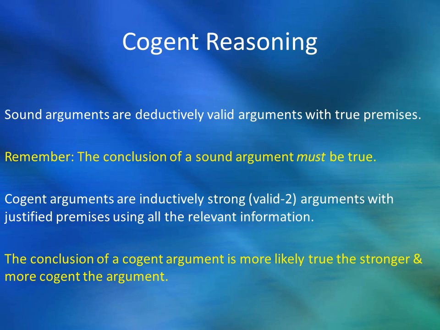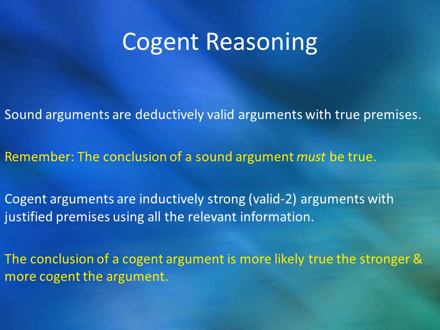So what does this mean? Well, if you recall with the sound argument, if you have true premises, then the conclusion absolutely must be true, because a valid argument is one in which if the premises are true, the conclusion must be true. That's what it means for deduction. Strong arguments dealing with induction, on the other hand, means that if the premises are true, the conclusion's more likely to be true.